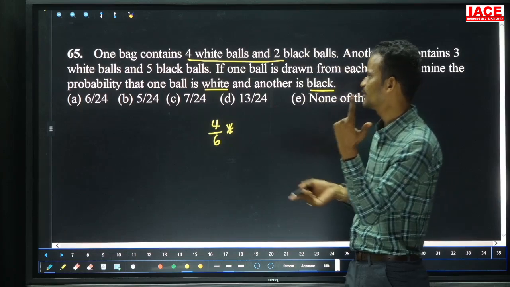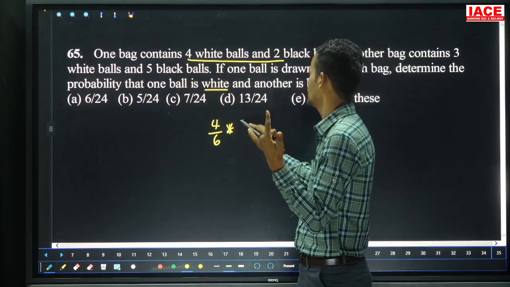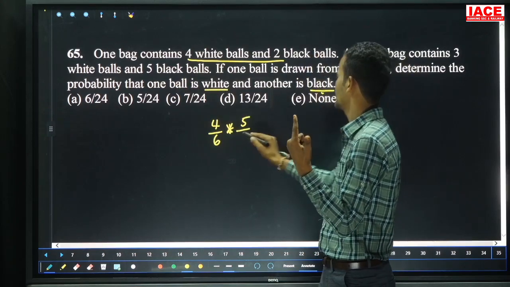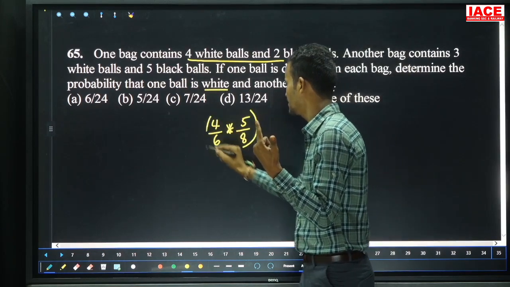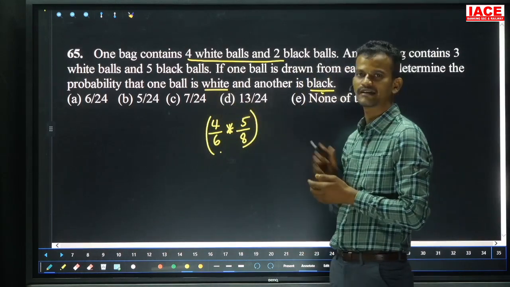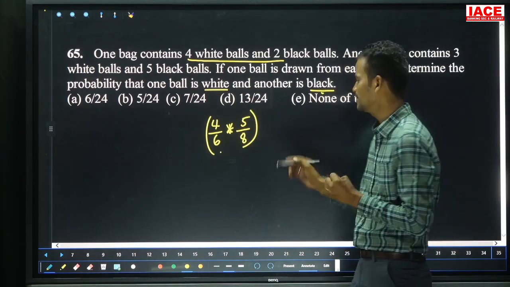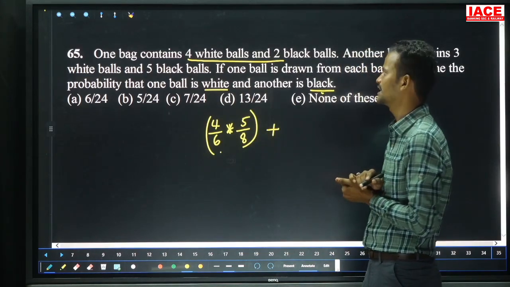Shall I draw the second ball? The second ball is black. In the second bag, how many black balls are there? 5 by total balls, 8. So in this, what happened? The first ball is white, the second ball is black. But in the question, they mention that you have to draw one ball white and one ball black. Maybe in the first bag, I can draw the black ball.